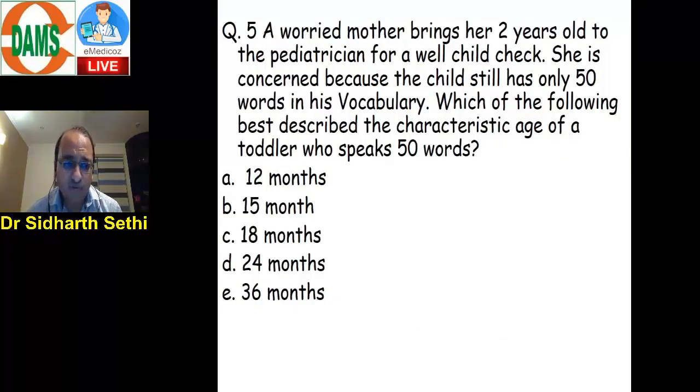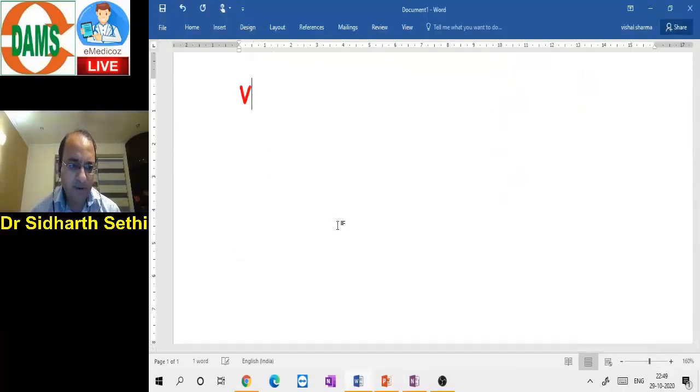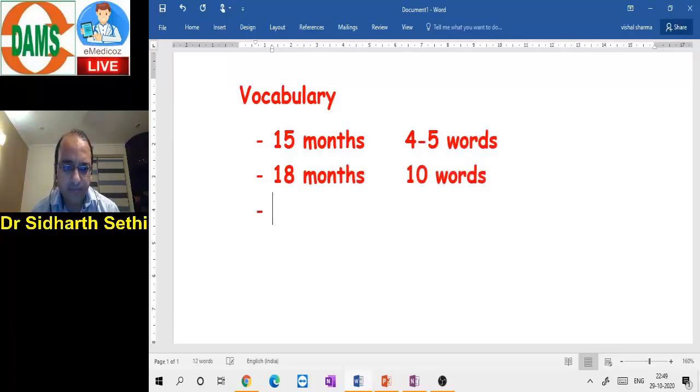Let's talk about vocabulary. When can a child speak around 50 to 100 words? Around 2 years. So remember, if we talk about vocabulary of a child, at 15 months, a child has a vocabulary of around 4 to 5 words. At 18 months, a child can speak around 10 words.